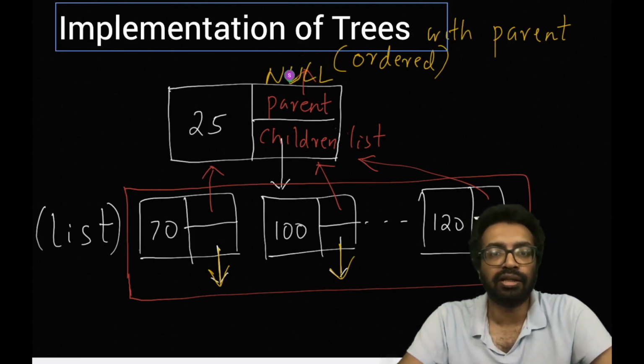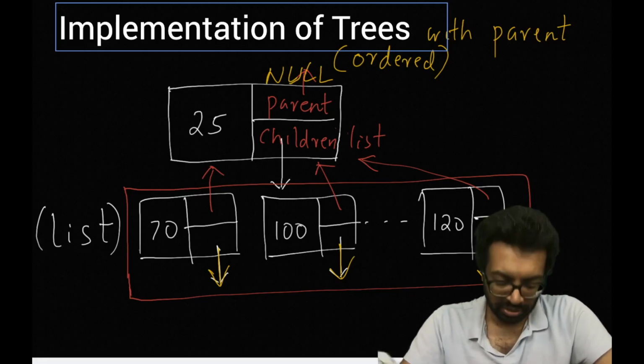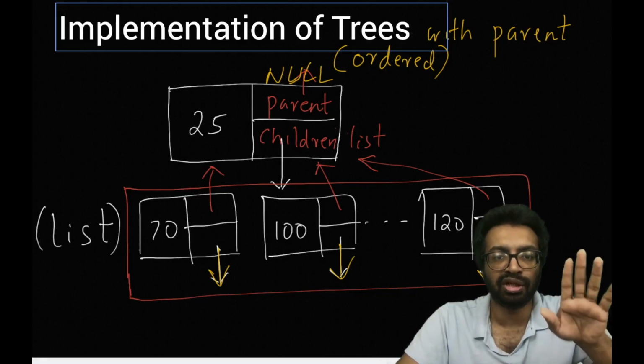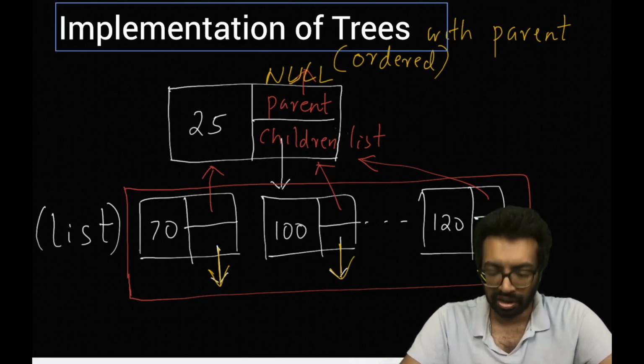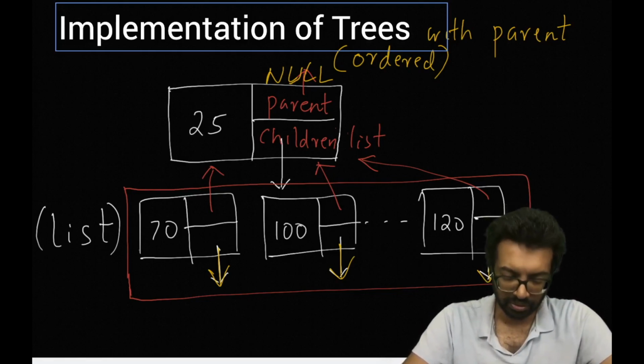If there is no parent, this should be null. On the other hand, for the node 70, its parent pointer points towards the node 25. Similarly, for the node 100, its parent pointer also points to 25. For 120, its parent pointer also points to 25. Okay, it's clear.